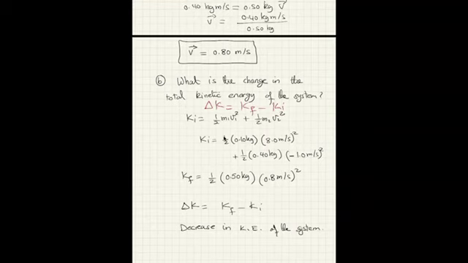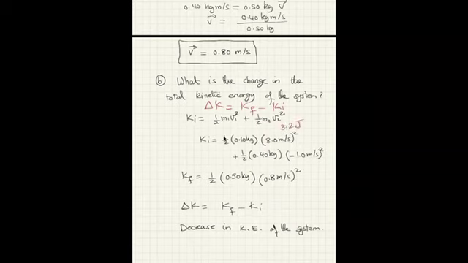First, I will calculate the total kinetic energy before, Ki, which is 1/2 M1 V1 squared plus 1/2 M2 V2 squared. For the first one, I have 0.5 times 0.1 times 8 times 8, which is going to be 3.2.